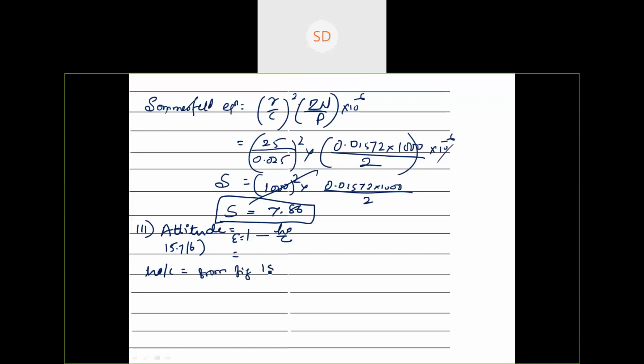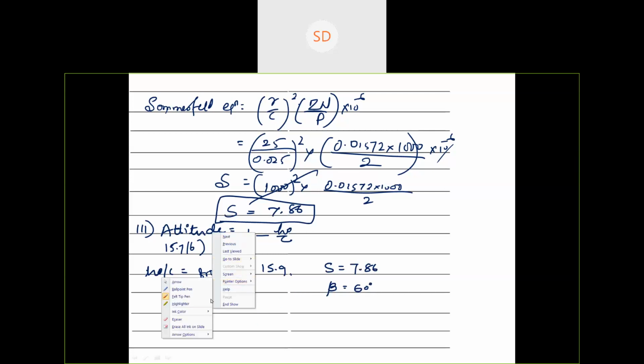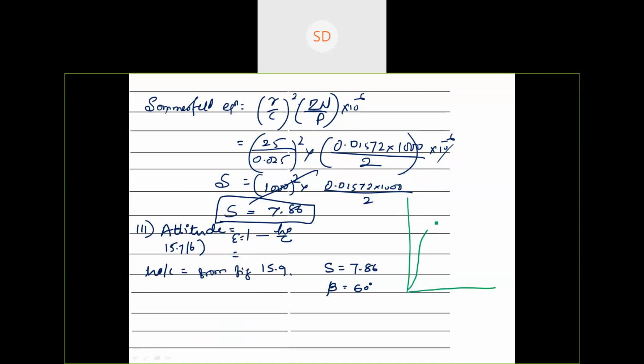From figure 15.9. Okay. So for the value of s equal to 7.86 and for the value of beta equal to 60 degree, let us calculate h naught by c, how much you are going to get. Now, as I said in the previous problem, beta value here is 60 degree.